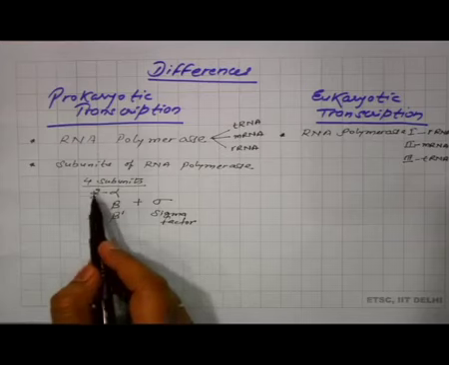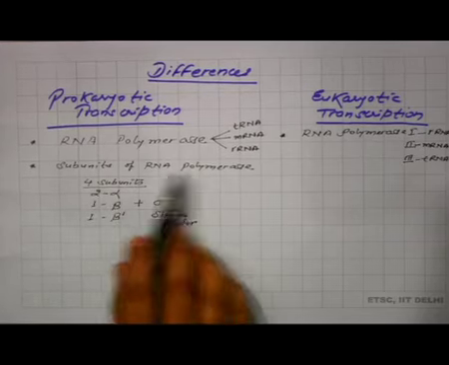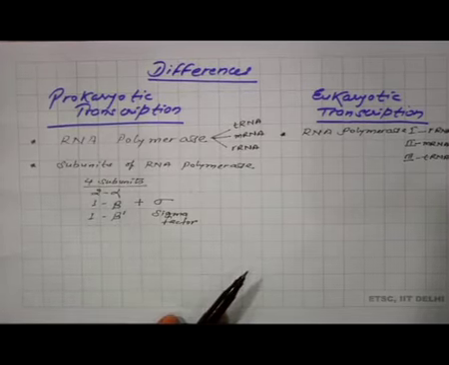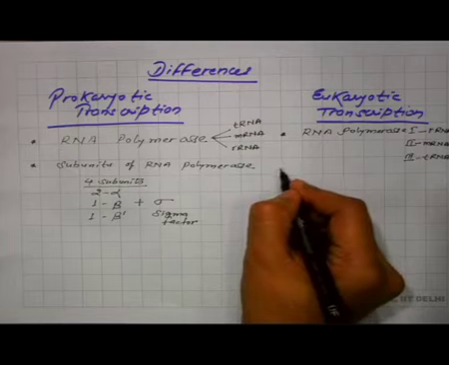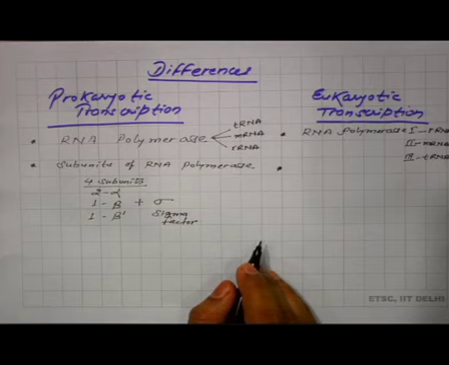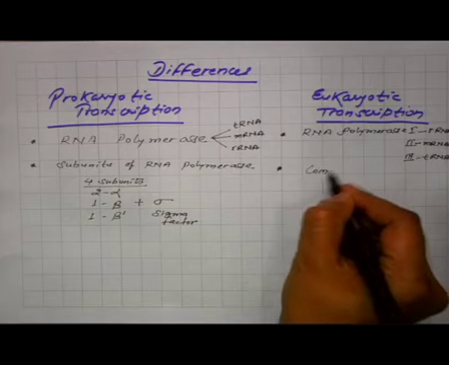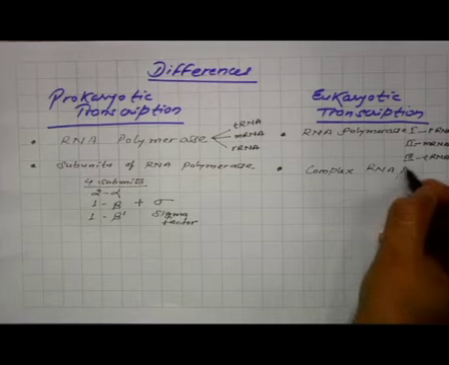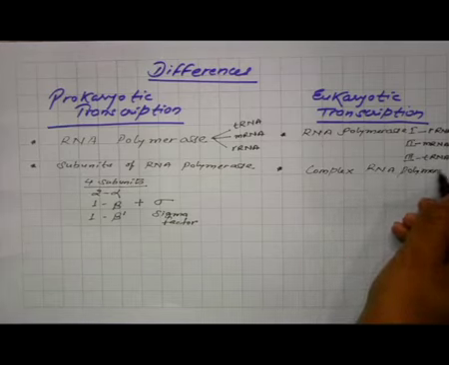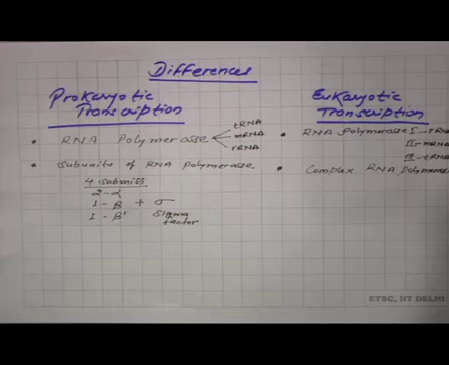So, basically there are 4 subunits in the RNA polymerase of prokaryotic transcription, but eukaryotic RNA polymerase is very much more complex, meaning it has more than 4 subunits in its structure.